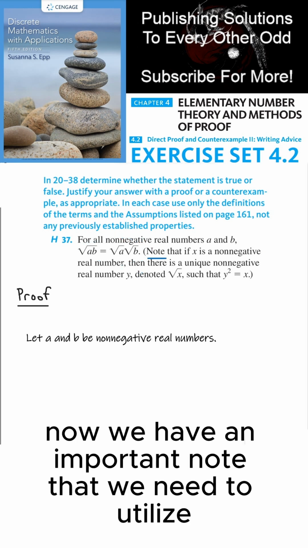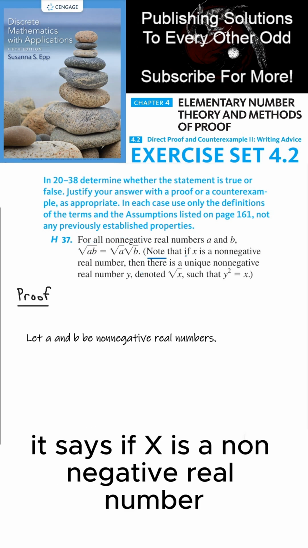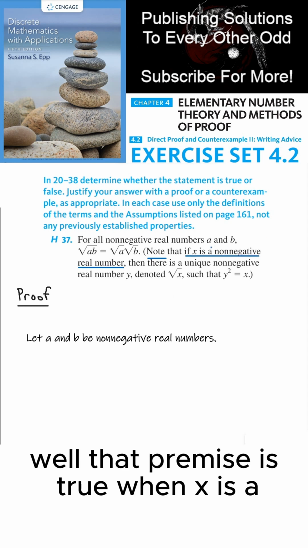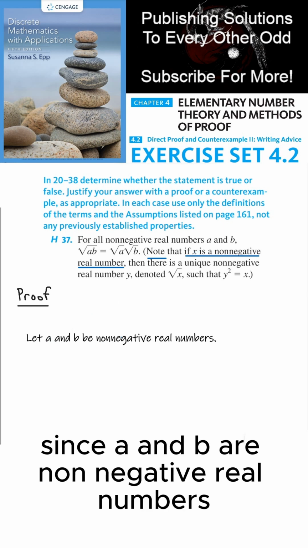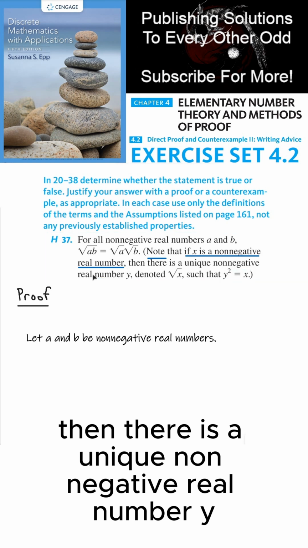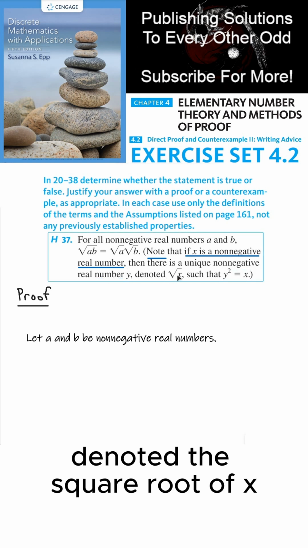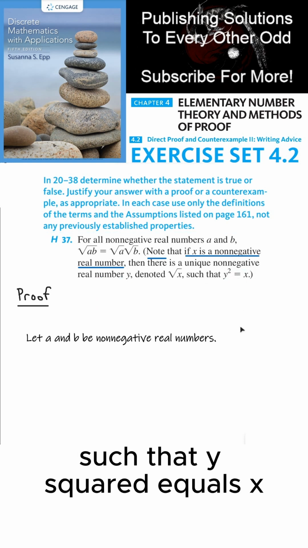Now we have an important note that we need to utilize in this proof. It says if x is a non-negative real number, well, that premise is true when x is a and when x is b, since a and b are non-negative real numbers. Then there is a unique non-negative real number y, denoted the square root of x, such that y squared equals x.